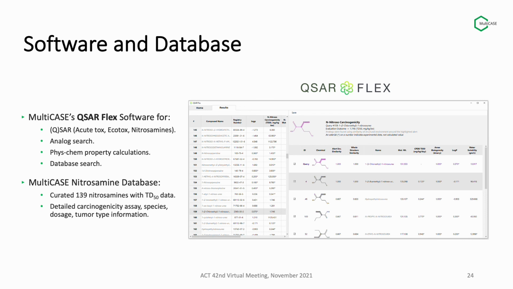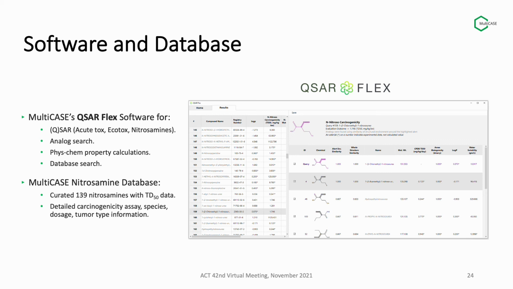In this slide, I would like to talk about the multi-case software and databases that were used in this particular work. I would also like to mention that we have recently developed and introduced a new software called QSAR Flex. This software is not only specific for nitrosamine, but it also does other highly useful QSAR tasks.